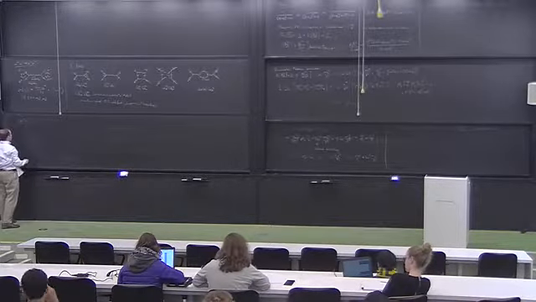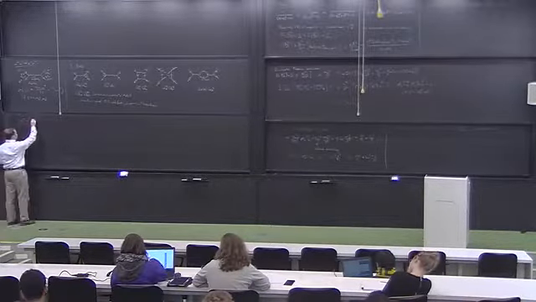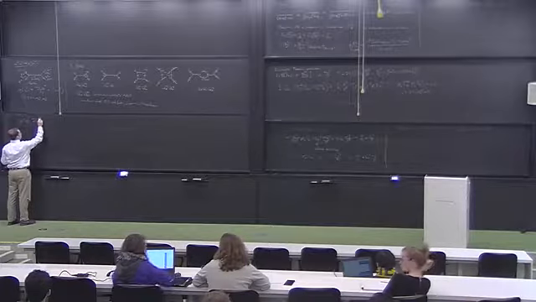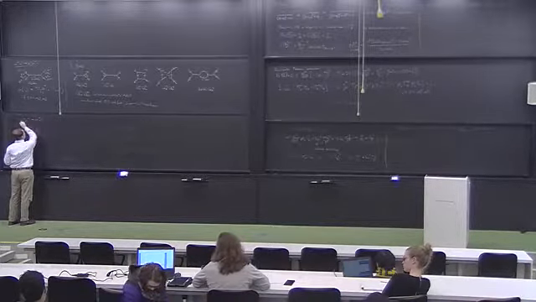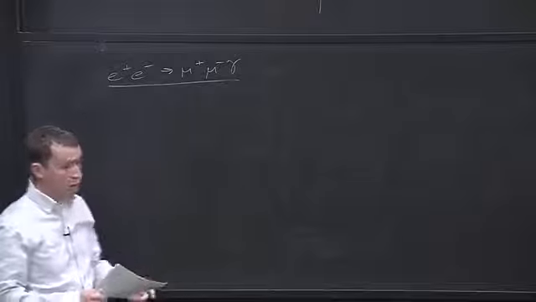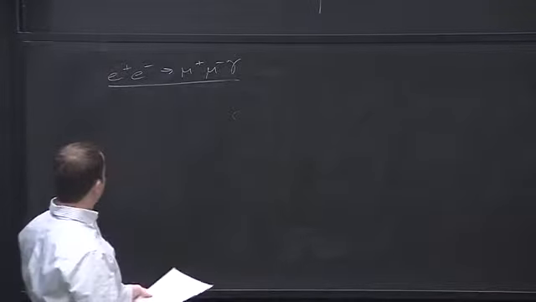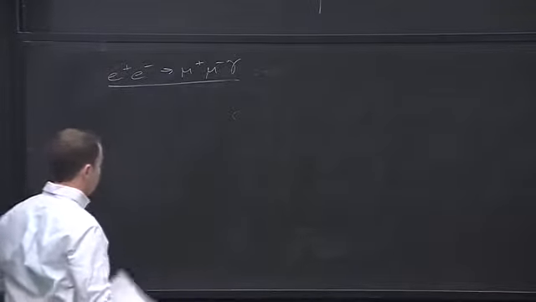And as I mentioned at the beginning of the lecture, this IR divergence will cancel with the IR divergence in the tree level cross-section for electron-positron to muon anti-muon with an extra photon.